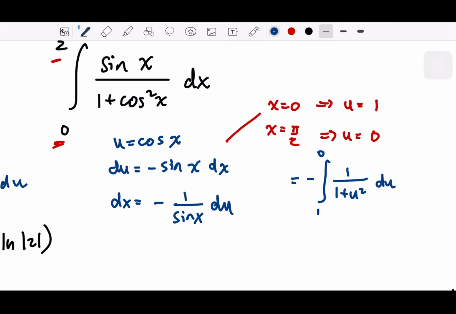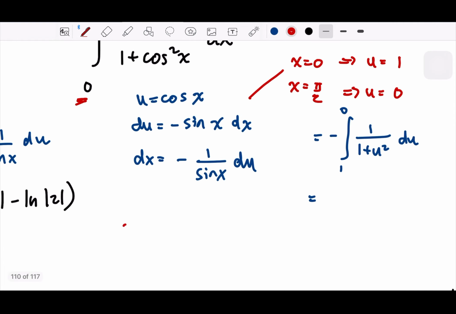You could switch the 1 and 0 and remove the negative. That's okay, it's one property you can use in integration. But let me just write it like this and compute to make things clear. Let me make a note here: the integral of 1 over 1 plus x squared dx is equal to tangent inverse x.